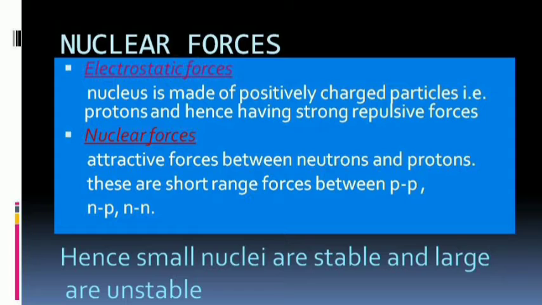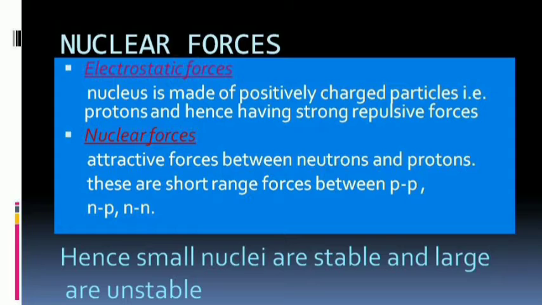There are two types of forces, electrostatic forces and nuclear forces. The nucleus is made up of positively charged particles, and protons have strong repulsive forces, so there is repulsion between protons. Nuclear forces are attractive forces between neutrons and protons.